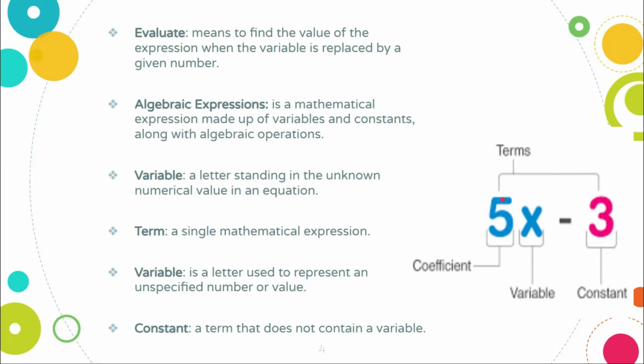So this 5x and this 3 are the terms in this expression. Variable once again, and we already mentioned it is a letter used to represent a value. And finally, a constant. A constant is the term that does not contain a variable, like this number 3 that stands alone in the expression.